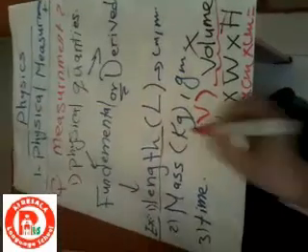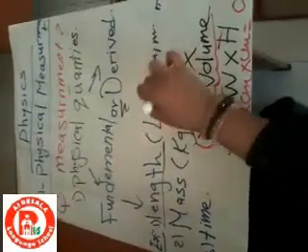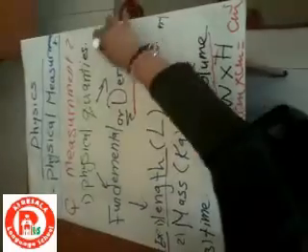So the meaning of the fundamental physical quantity is the physical quantity that cannot be defined in terms of another physical quantity. It will be defined not according to any physical quantity. So the derived physical quantities will be the opposite. Like the volume. What is meant by derived? It is a physical quantity that can be defined in terms of another physical quantity.